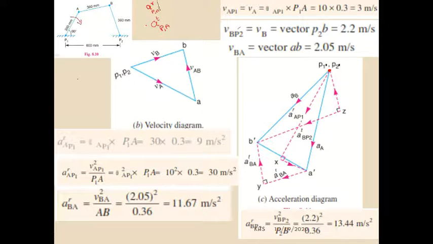Then radial line for AB. Then tangential line for AB.